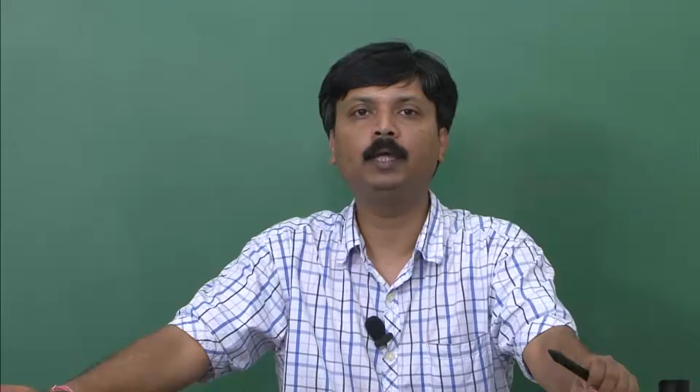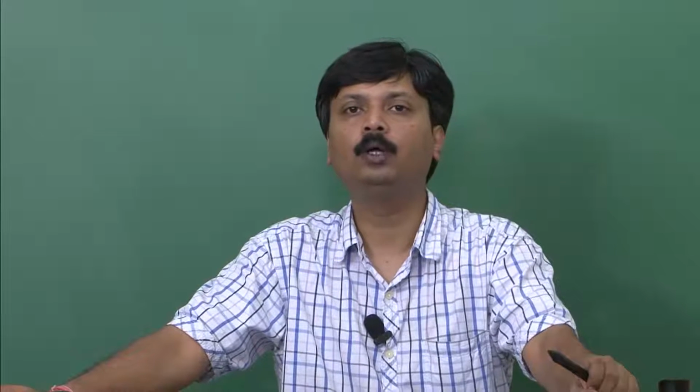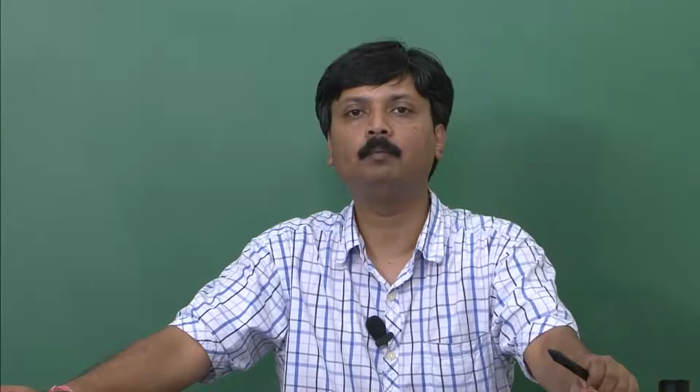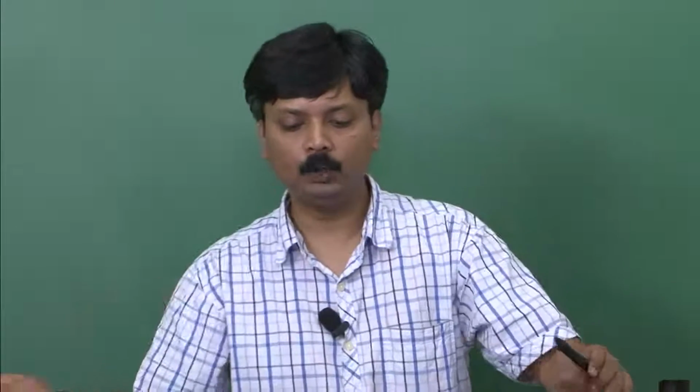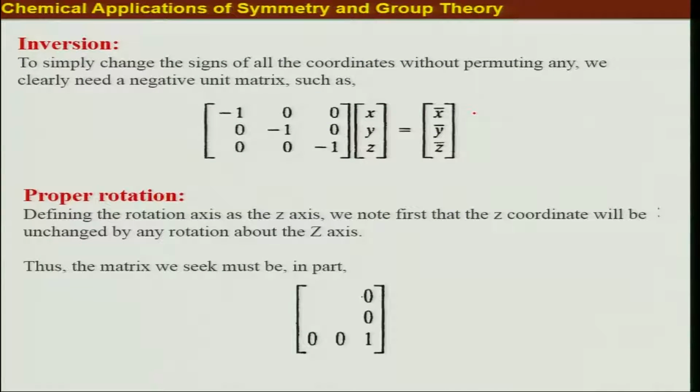What does that mean? x will become minus x, y will become minus y, z will become minus z. So, you get from the x, y, z column vector to the minus x, minus y, minus z column vector. Okay. Here, minus x, minus y, minus z are represented by writing x bar, y bar and z bar, that we have come across in one of the previous lectures.